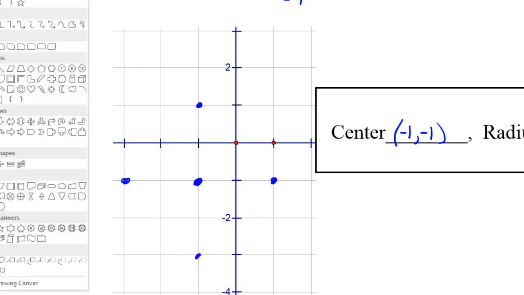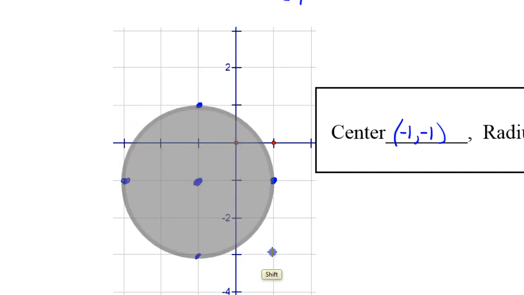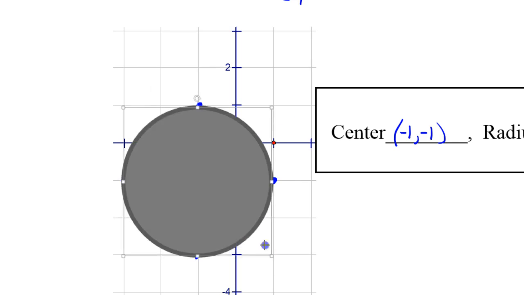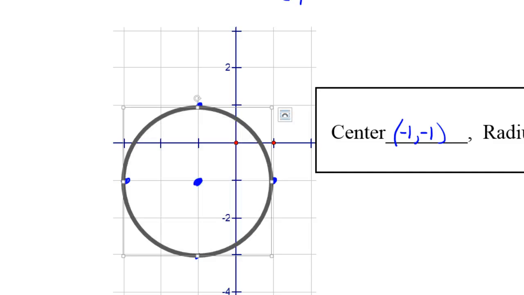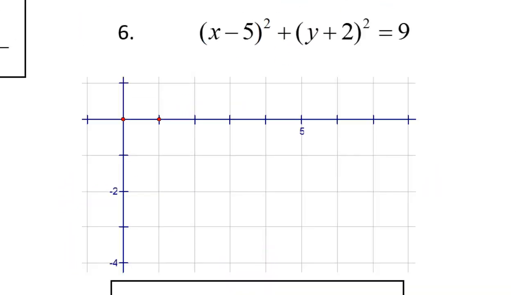Okay, so let's go ahead and just draw the circle. And that's really all there is to it. After graphing all these ellipses, circles seem kind of anticlimactic.